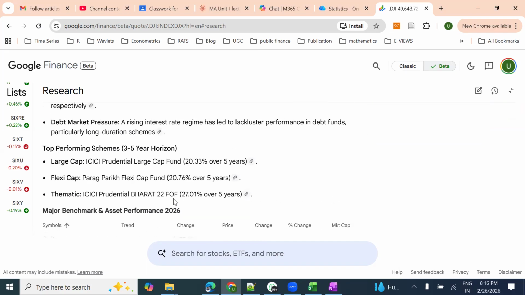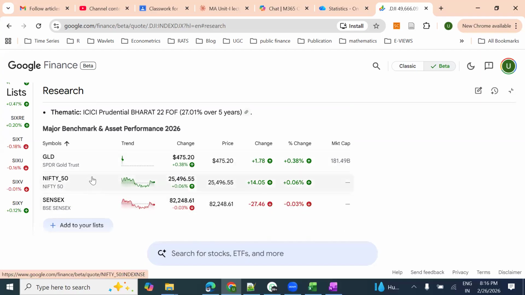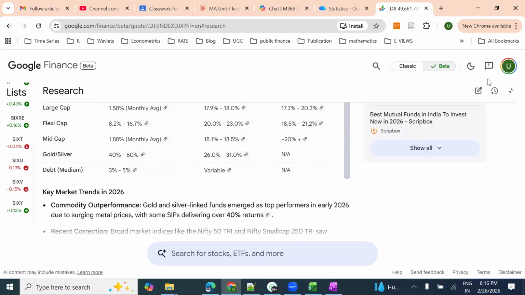For example, a large cap fund invests in the big companies. It is called ICICI Prudential Large Cap Fund, and it has given 21% return over 5 years. Similarly, various other mutual funds have returns. Is it clear, Bhakti madam?